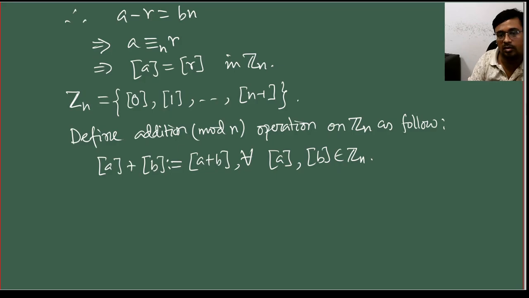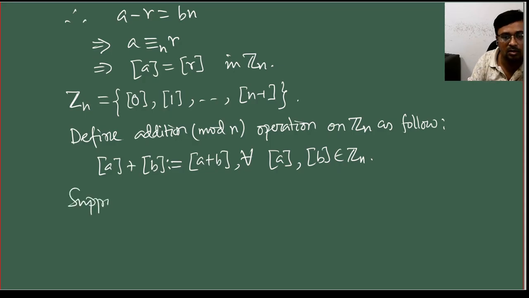Now, the thing you have to be careful about is that an element in Zn may be represented by two distinct integers, right? So you have to show that this operation is well defined. Now check for well definedness.